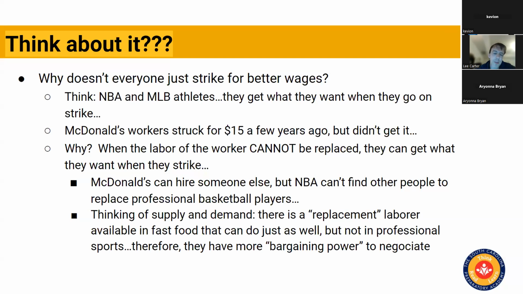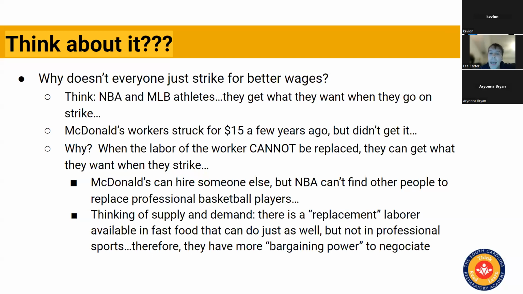But a couple years ago, McDonald's workers went on strike for $15 an hour, and they didn't get it. Why? Here's the difference. When the labor of the worker cannot be replaced, they get what they want when they strike. So in other words, if McDonald's workers strike for $15 an hour, they can find people who will work for cheaper than that.